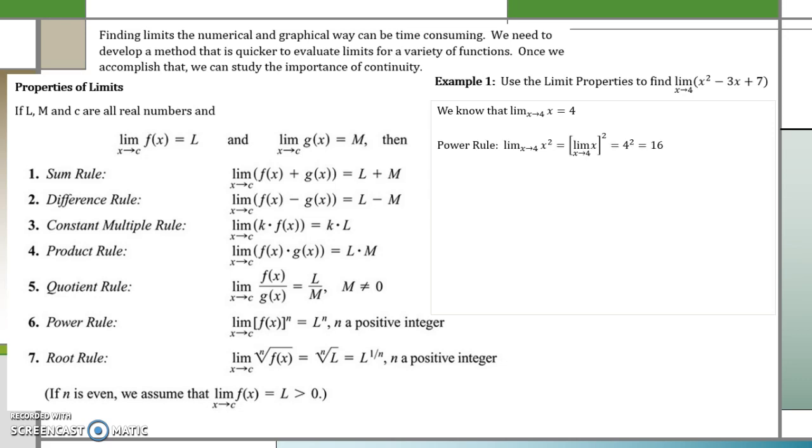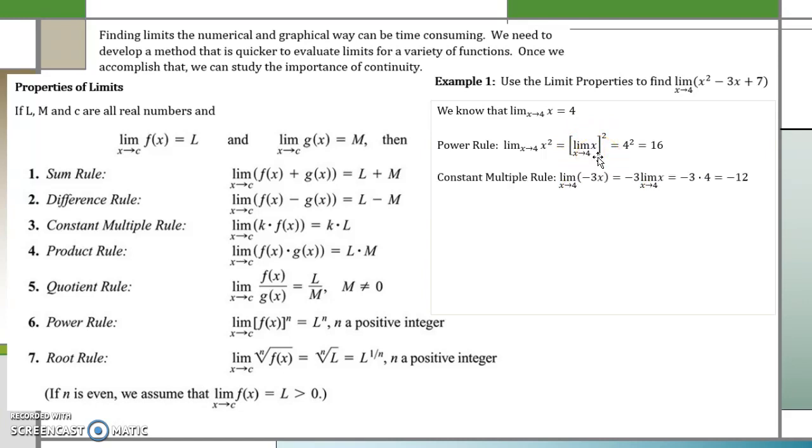So therefore we can use the power rule, number 6 there. So as the limit as x approaches 4 of x squared, that means we want to find the limit of x squared. And we know that this whole piece here is equivalent to 4, so then 4 squared is 16.